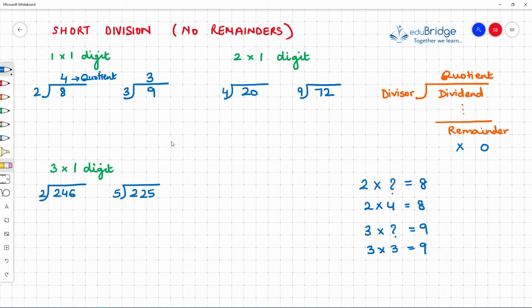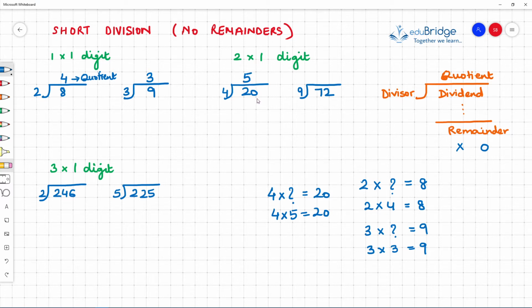Now let's look at 2 by 1 digit. So we have 4 as the divisor and 20 as the dividend. The same concept applies. How many times do we multiply by 4 to get 20? We know 4 times 5 is 20. So you write 5 here, 4 times 5 is 20.